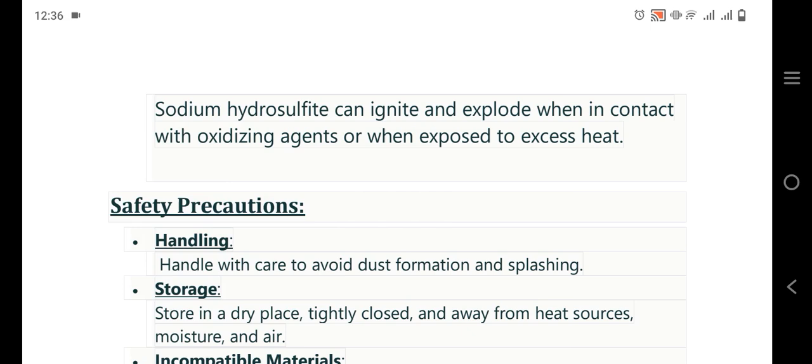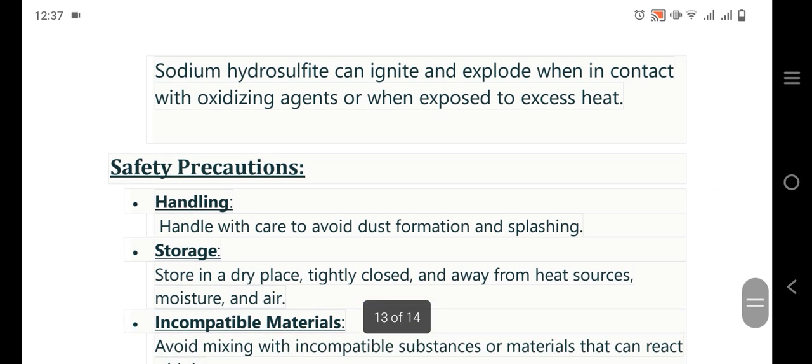Handle and use sodium hydrosulfide in accordance with safety guidelines and procedures, including appropriate personal protective equipment and ventilation measures. In case of fire or explosion, follow emergency response procedures and evacuate the area immediately while notifying emergency services.